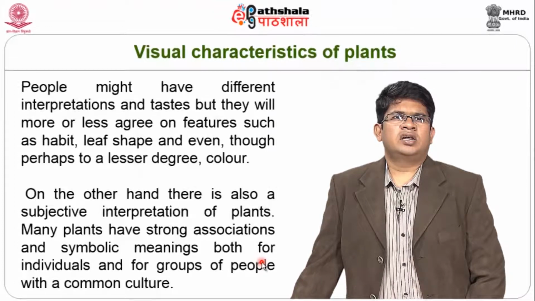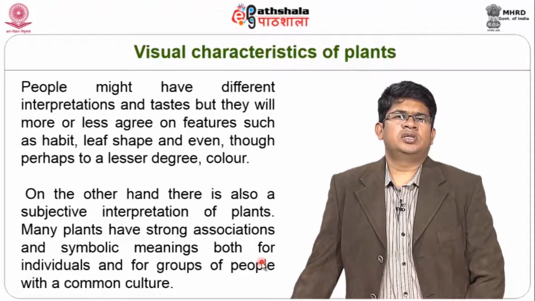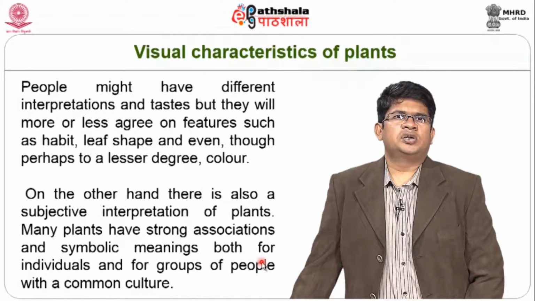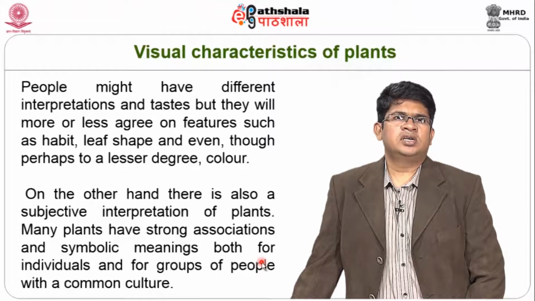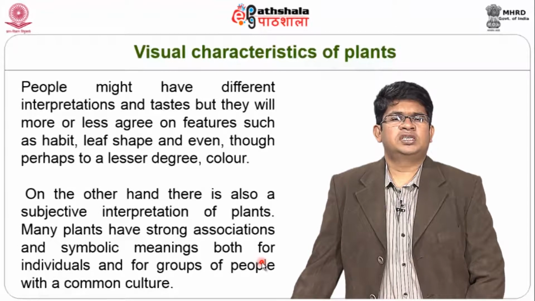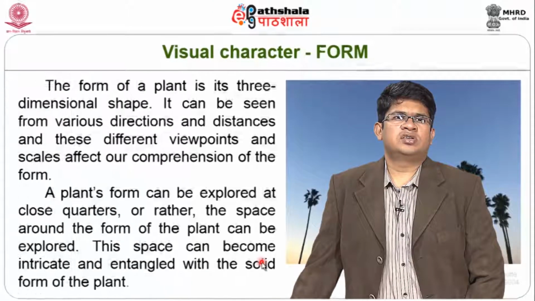So there is a lot of interpretation and taste, and how people perceive a particular plant form. All these are important for the landscape architect to understand and also have in mind when the selection is being done to establish the design landscape. So, what kind of association it has in the minds of the people. These are very important when we consider the cultural aspect.